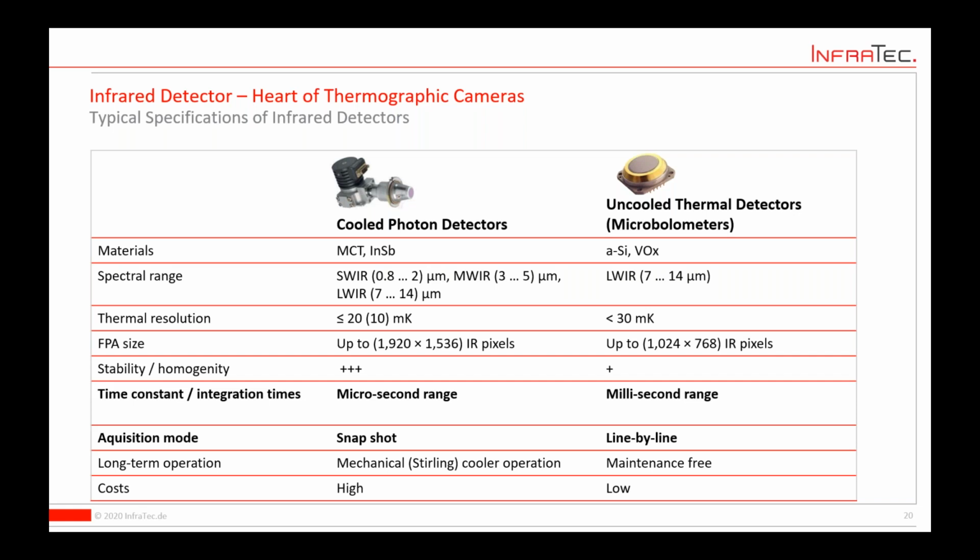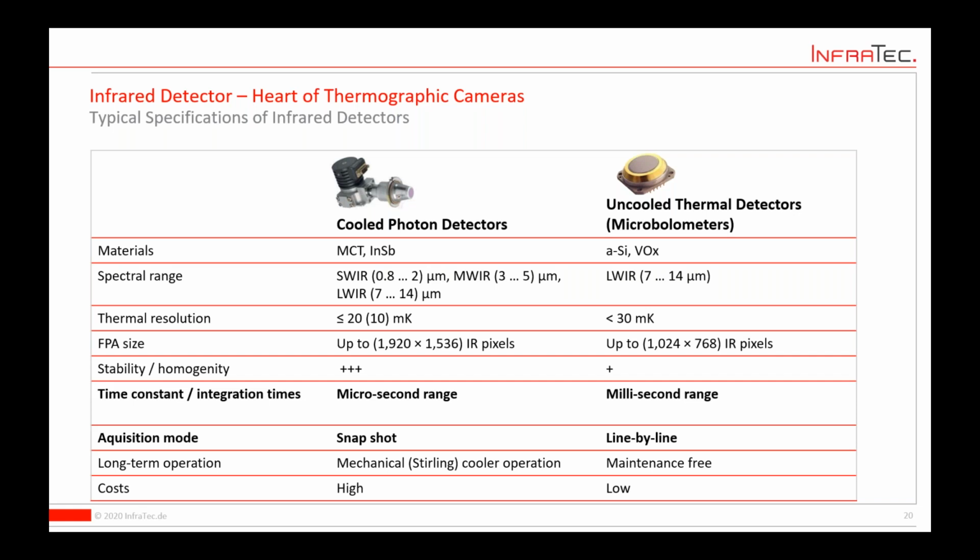They are available in really large FPA sizes, so more than HD is possible, but they are also well known for being useful for high-speed acquisition. These cameras work in the so-called snapshot acquisition mode. This is important. Snapshot means that you read out all the pixels at the same time, so there's no time delay between the individual pixels.